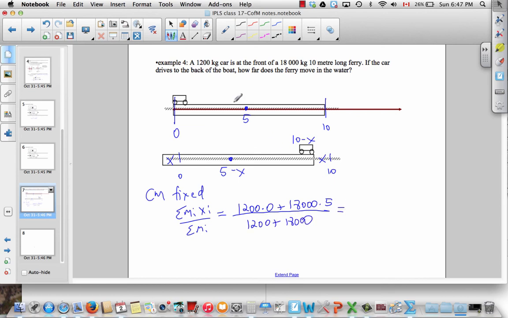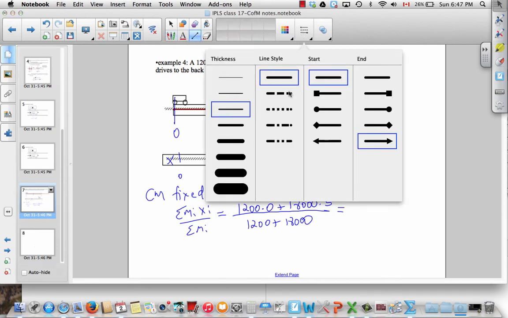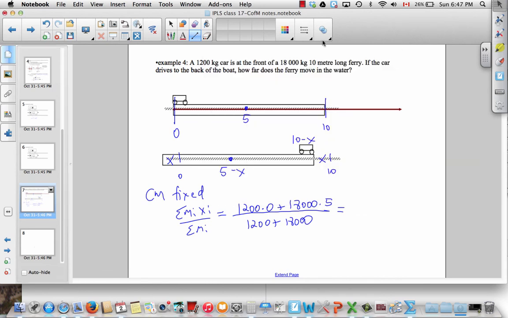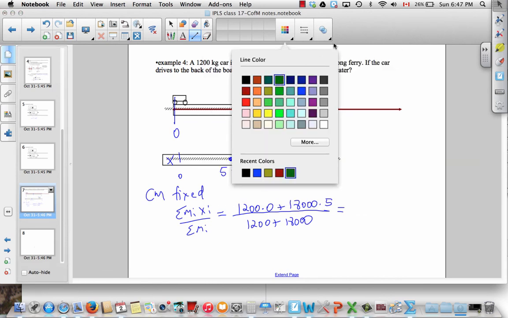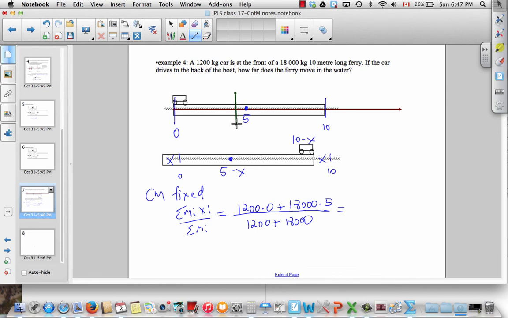So that's the location of the center of mass, and it's going to be a little bit this side of 5. The ferry itself would be centered at 5, but the location of the car here is going to drive the center of mass back a little bit. Let's just put a line on there indicating that location. It's probably somewhere about here, and it's not going to move, right?